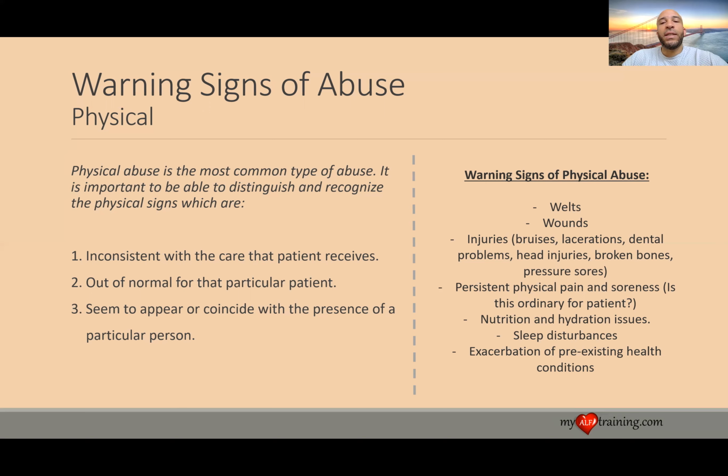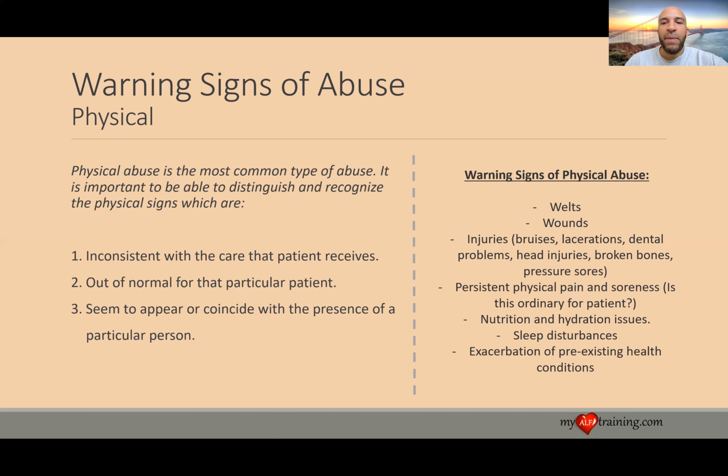So, what are some warning signs of physical abuse? Some warning signs of physical abuse would include welts, any type of wounds, injuries. These are all very obvious types of warning signs, but something a little more subtle: persistent physical pain and soreness. We're caring for the elderly patients. A lot of them have pain.